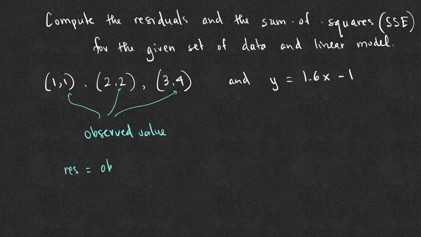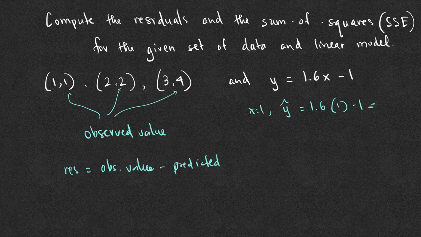So we would take the observed value minus the predicted value. But the predicted value is the y value that we compute using the model. And so for x equals 1, the predicted value, which we call y hat, is 1.6 times 1 minus 1.